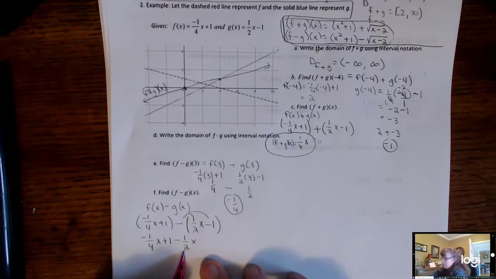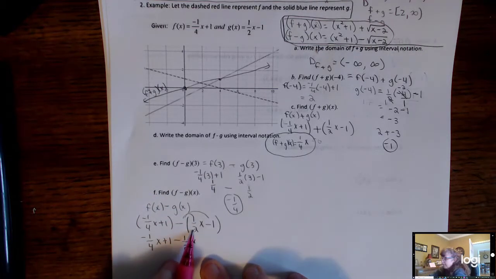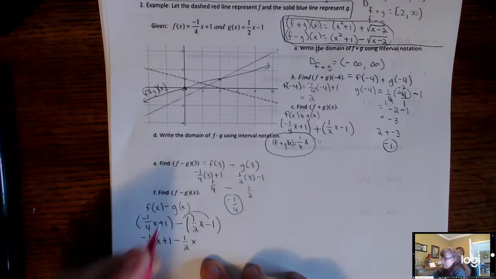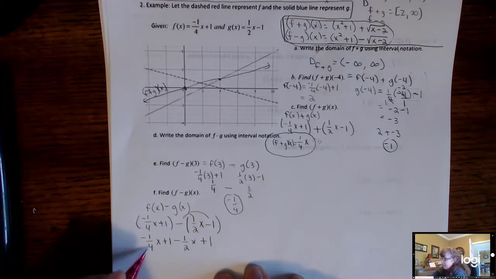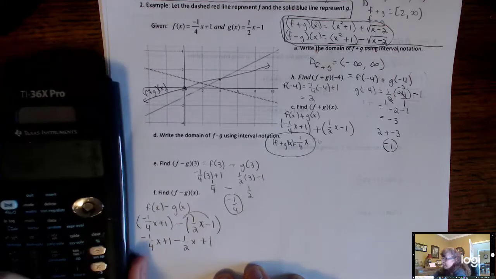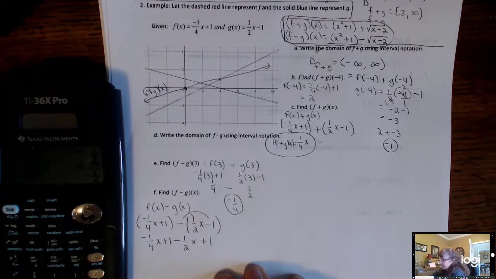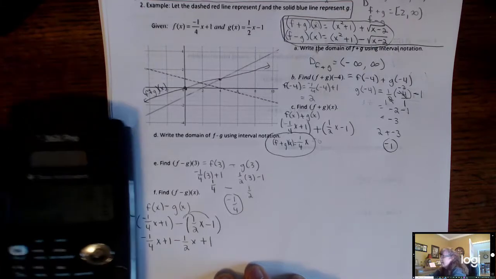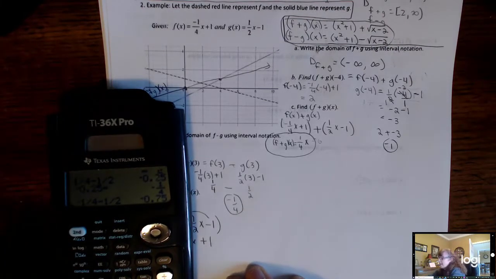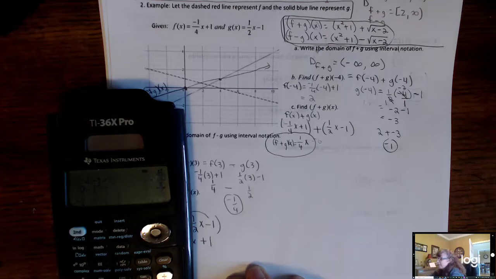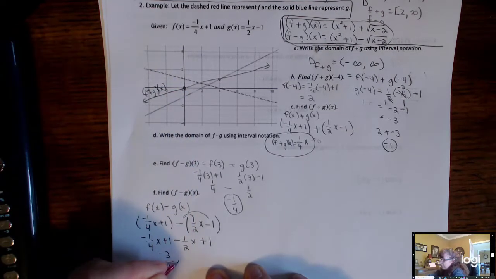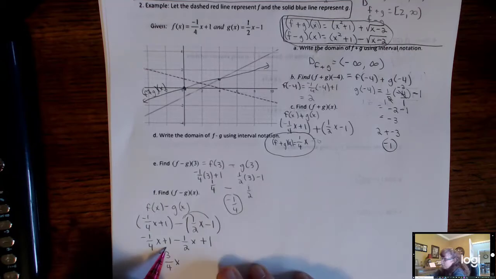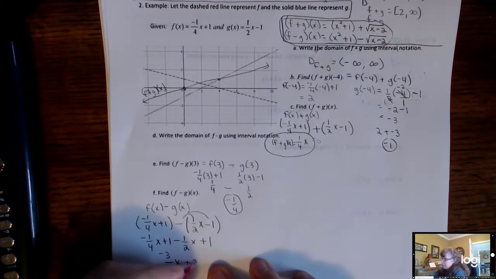Most people remember to distribute it to the 1/2 x because it's in front. But did you remember to distribute it to the minus 1? That's plus 1. So then negative 1/4 x minus 1/2 x is negative 1/4 minus 2/4, which is negative 3/4 if you did it in your head. Negative 3/4 x, and then this time 1 plus 1 is plus 2.